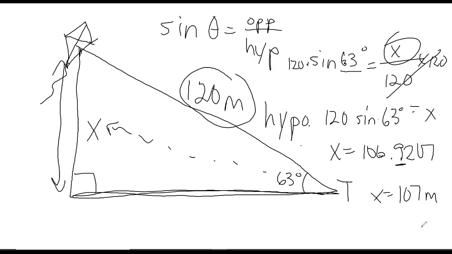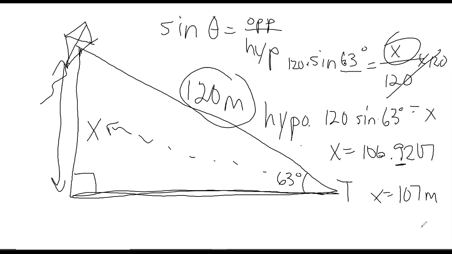So we make a lot of assumptions when we talk about real world problems. So always keep that in mind. If the problem says, what assumptions did you make? Or why could this possibly be incorrect? Well, it's because this is a real world situation. And we have to consider that everything isn't straight and perfect and make a right angle every time, okay? So that's sine, opposite over hypotenuse.